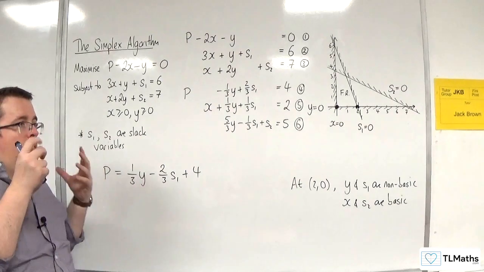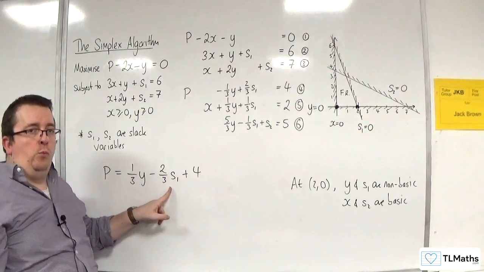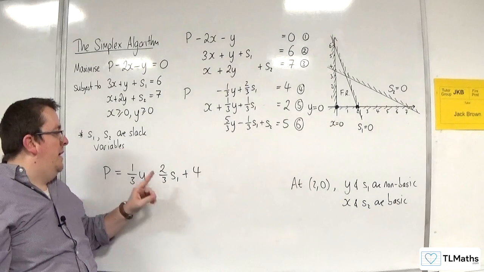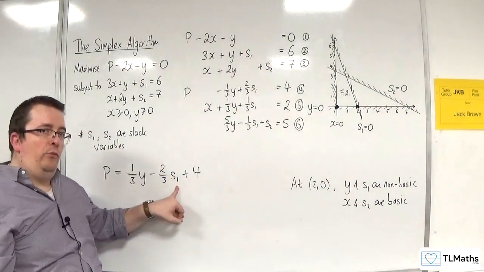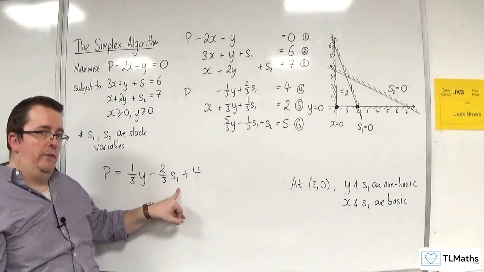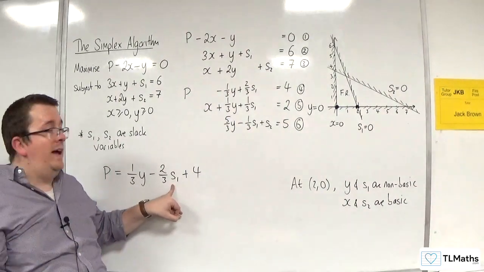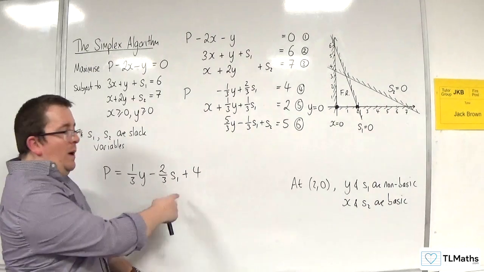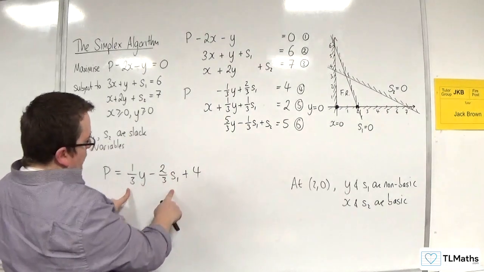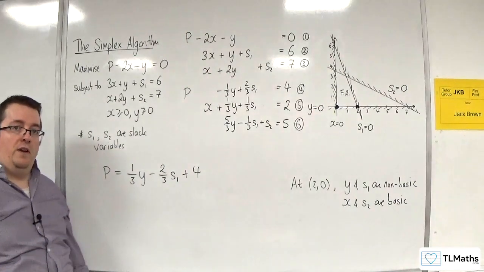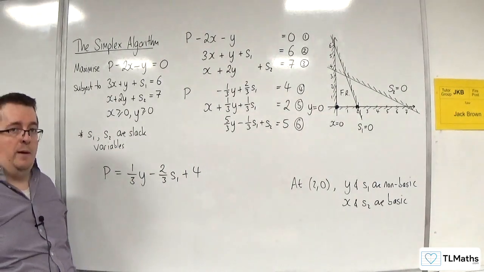But the problem is, what about S1? Because if I move, the y might increase, but the S1 might also increase. And I don't want that to happen because that's taking away 2/3 S1. If that one increases, both might cancel one another out. So I don't want that to happen.